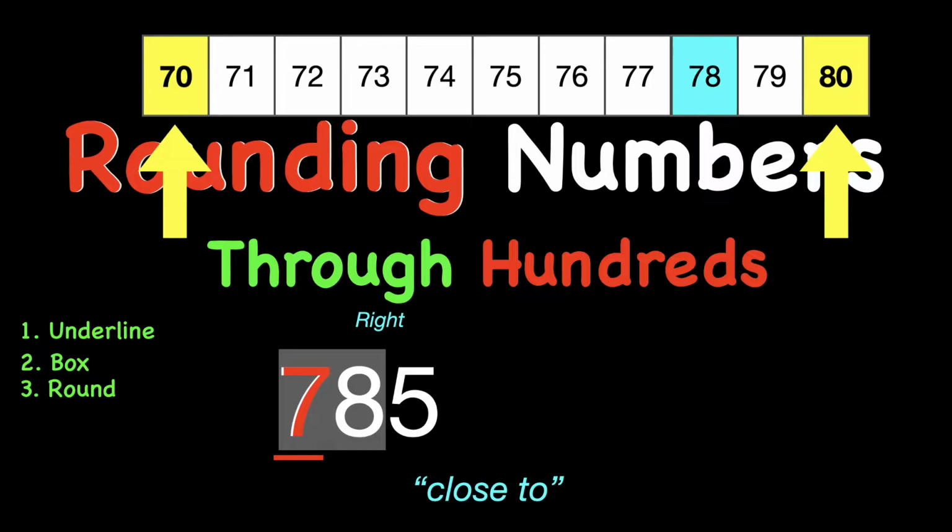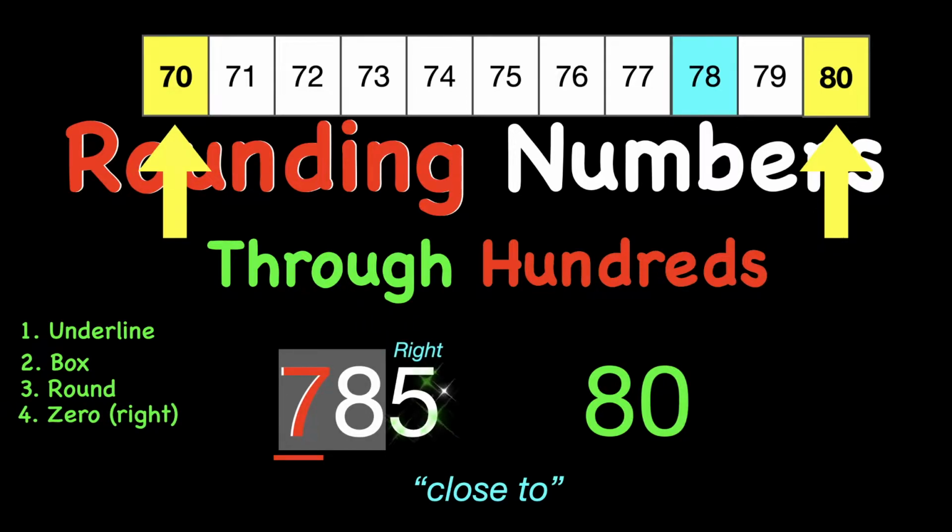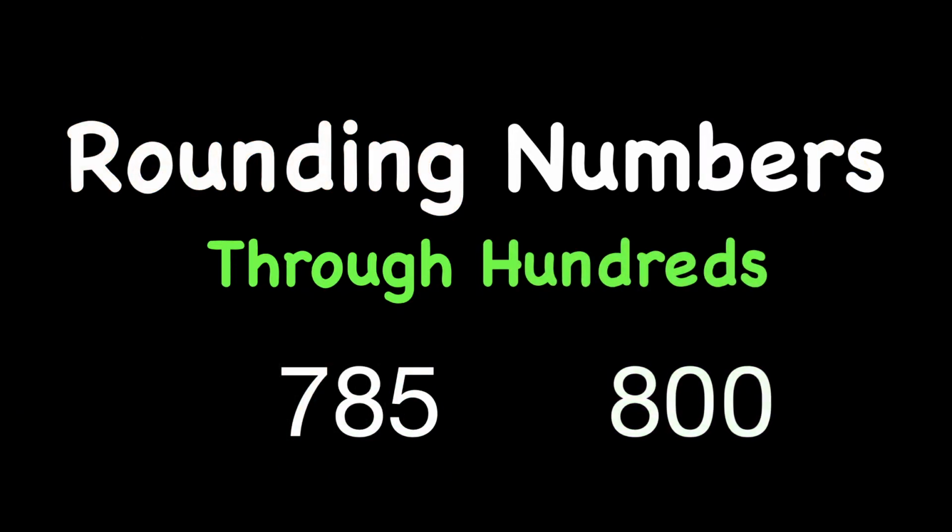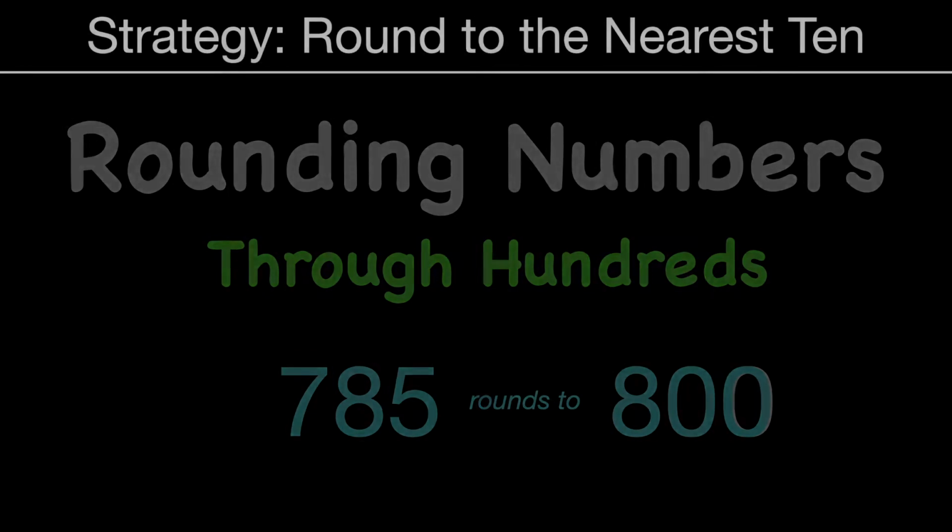Those are called tens. Well, 78 is closer to 80, so we would say that 78 rounds to 80. Then our last step is that we're going to turn that 5 on the right into a 0. So we would read this problem as 785 rounds to 800.